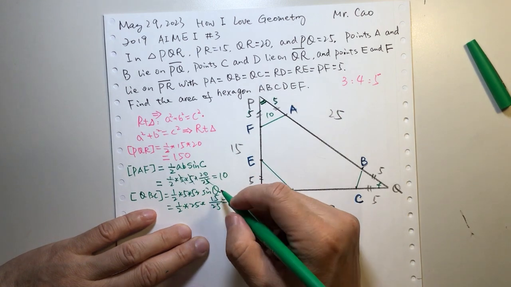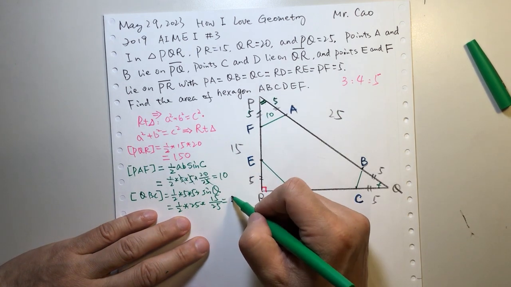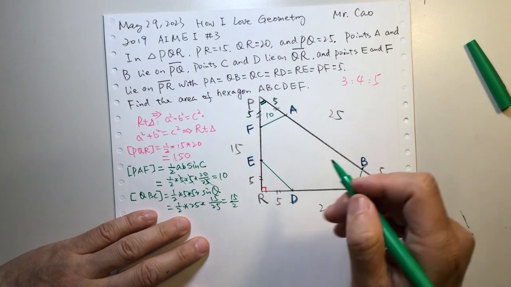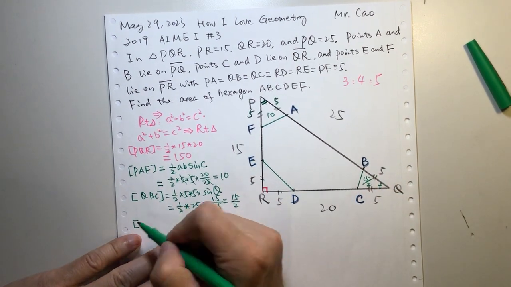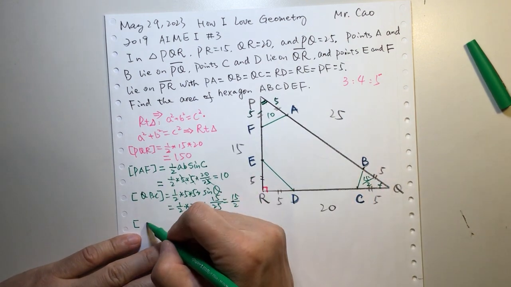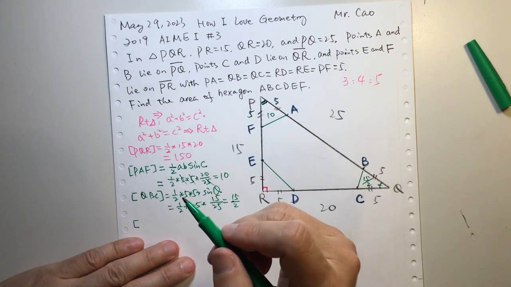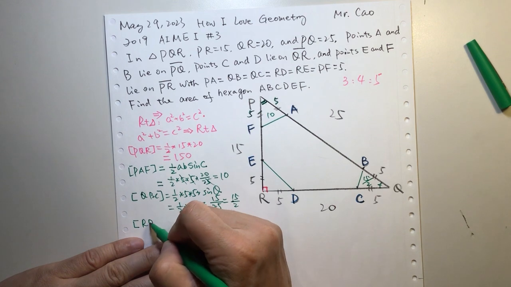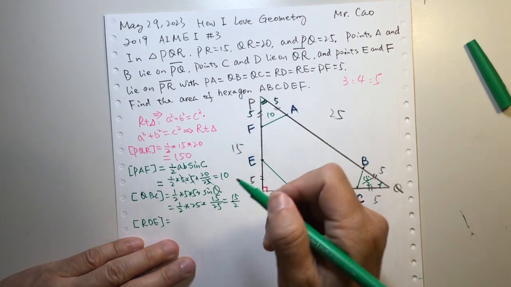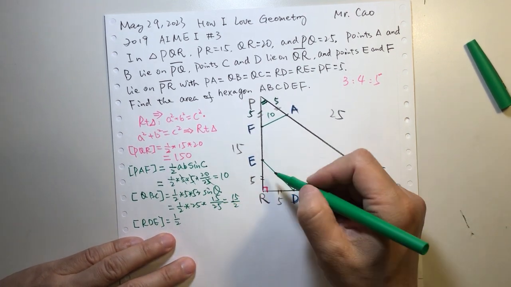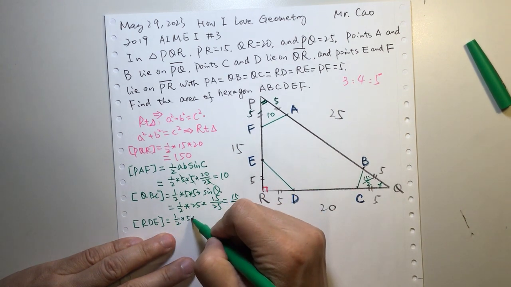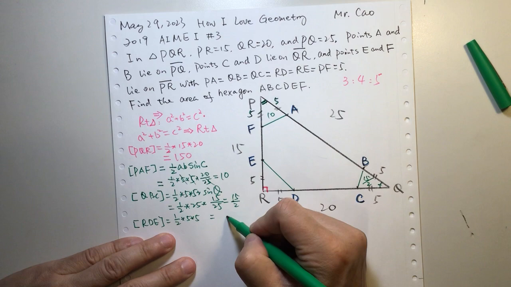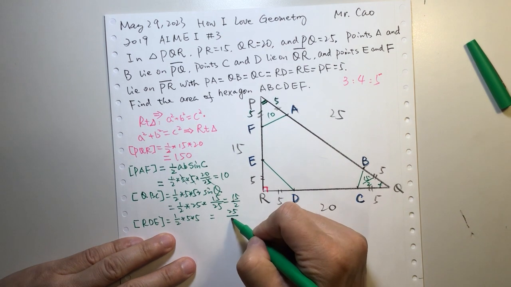So the area is 15 over 2. Next, the area of triangle RDE. This is also a right triangle. So the area of this small right triangle equals 1/2 times 5 times 5, so it's 25 over 2.